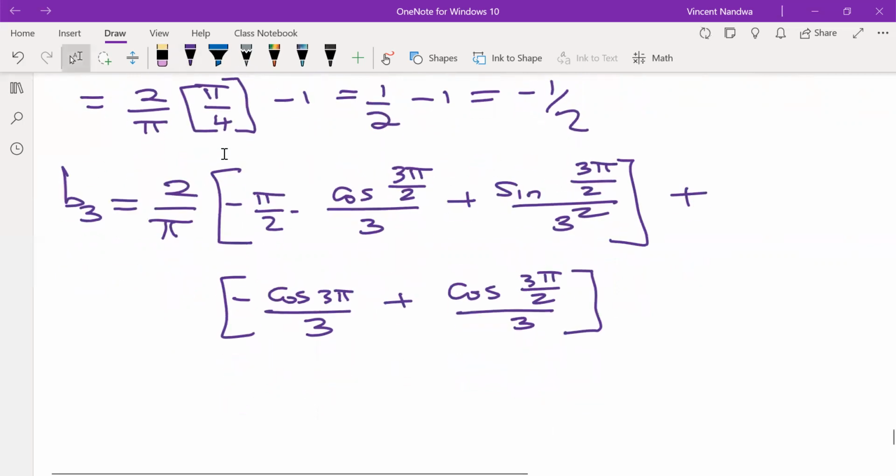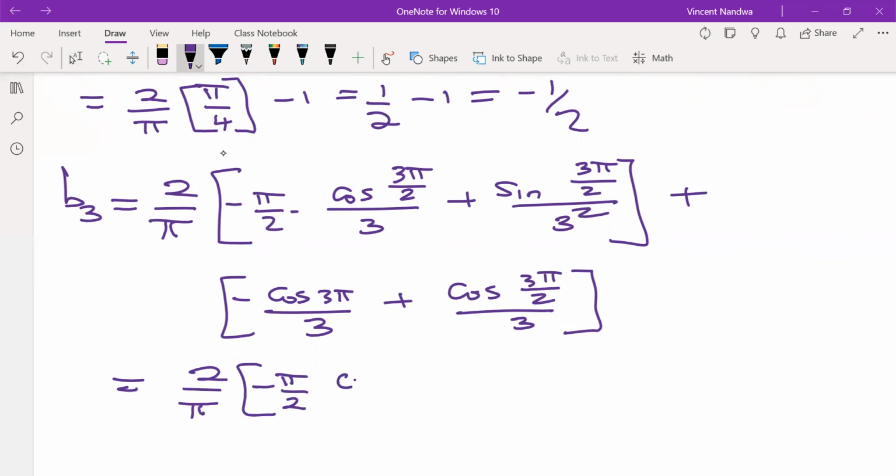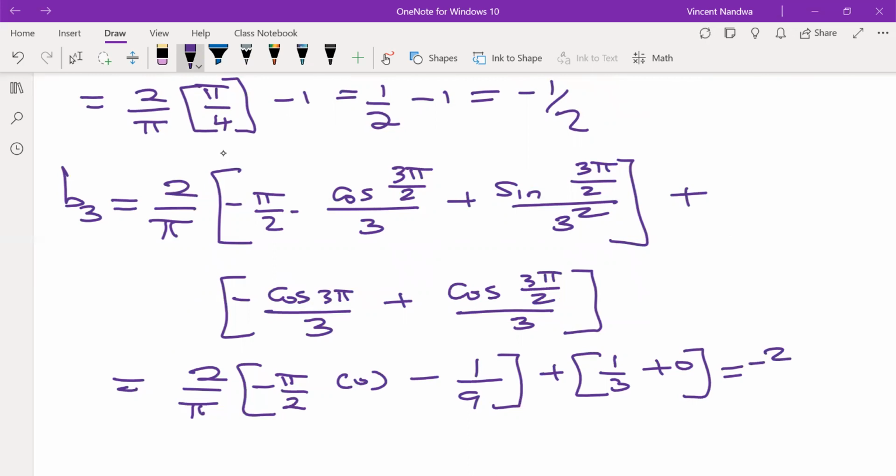When you simplify this, you get 2 over pi times minus pi over 2 times 0, minus 1 over 9, plus a third, plus 0. On simplification, this gives us minus 2 over 9 pi plus a third.